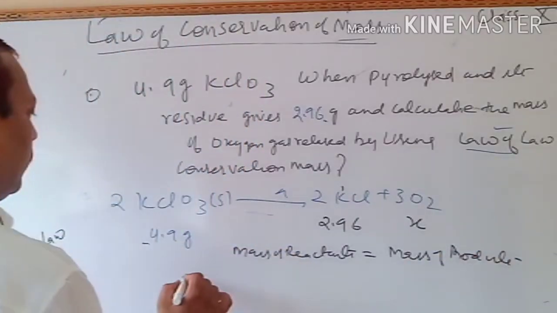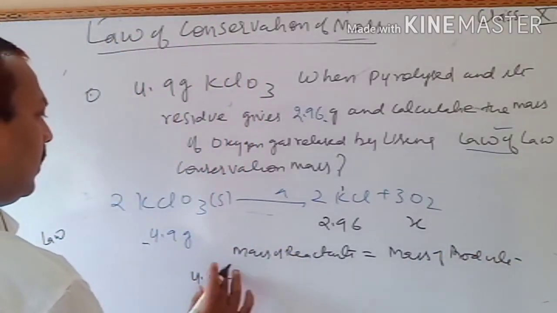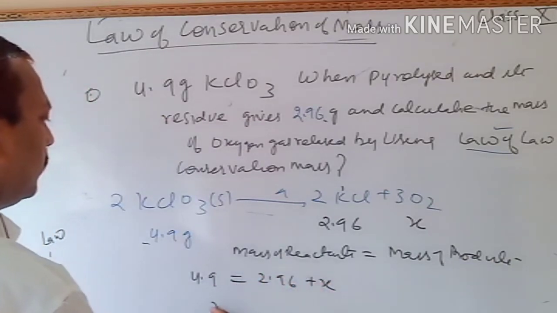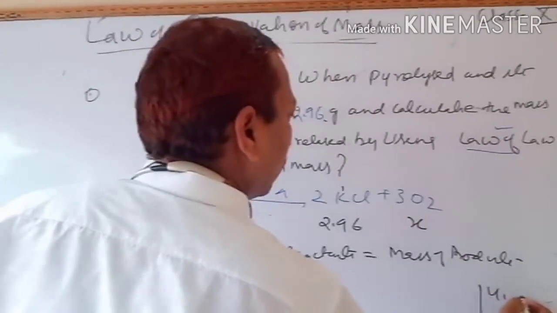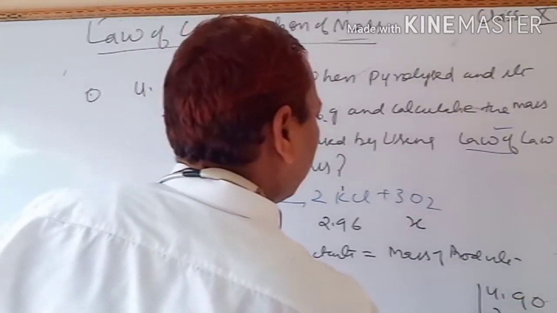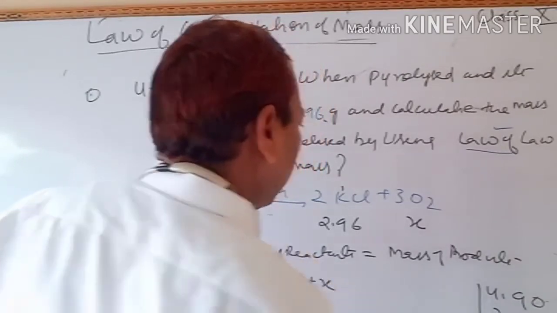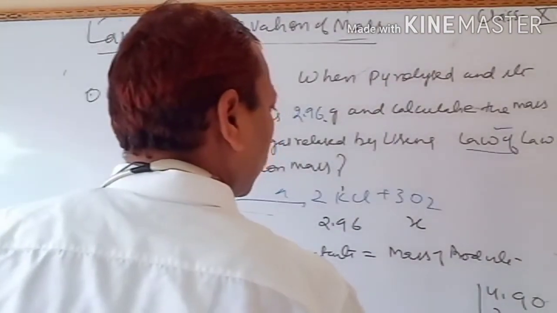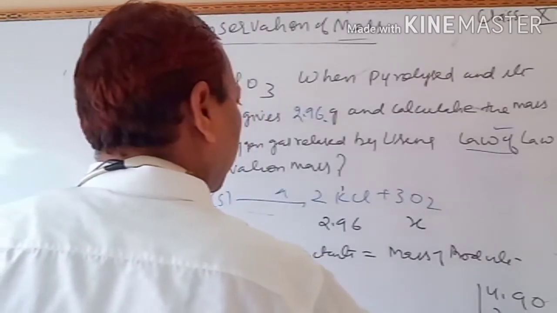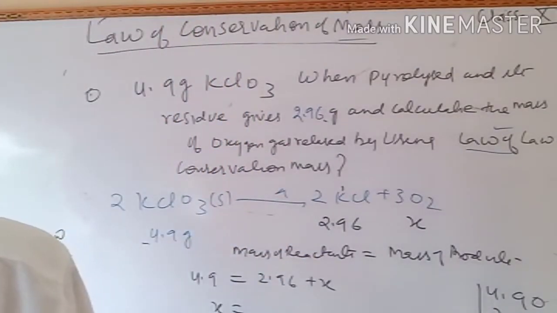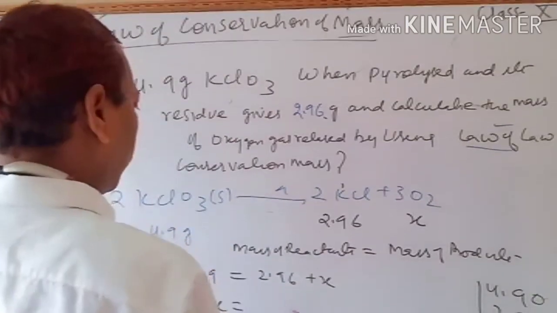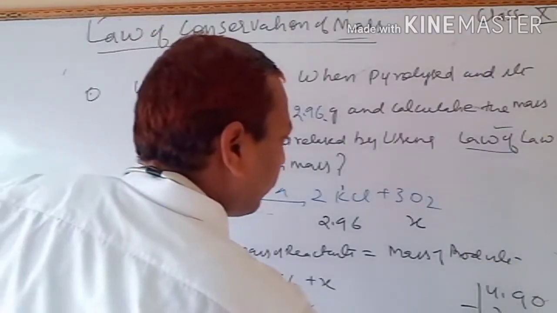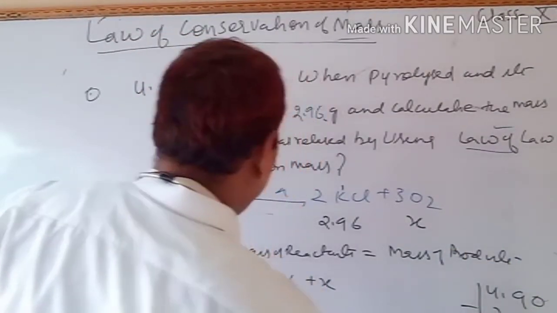So 4.9 is equal to 2.96 plus X. So X is equal to 4.90 minus 2.96, right? So the value will come 1.94 gram.